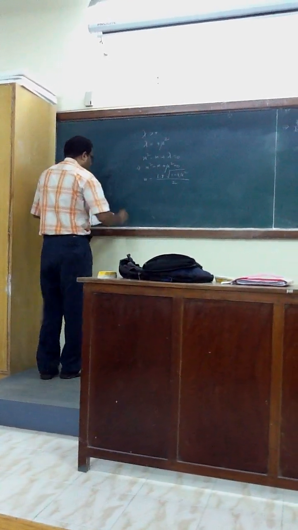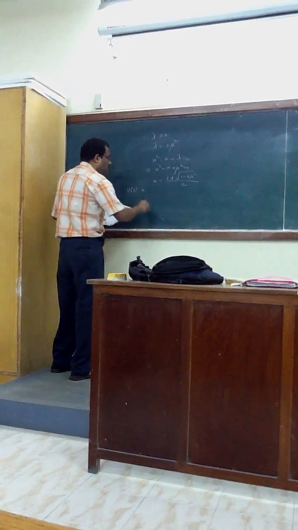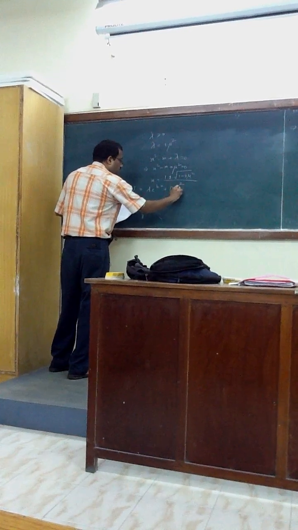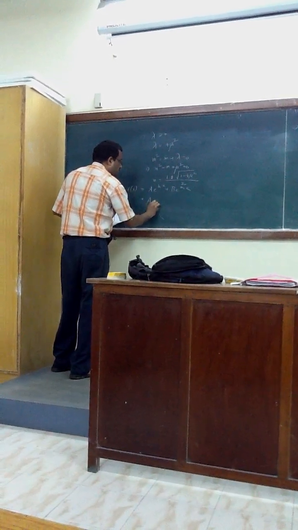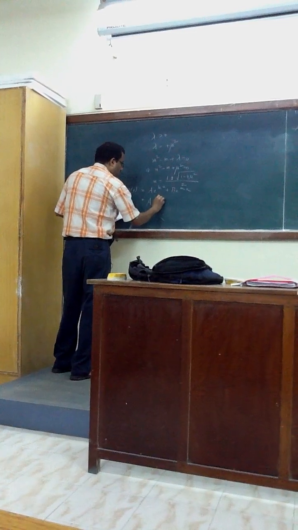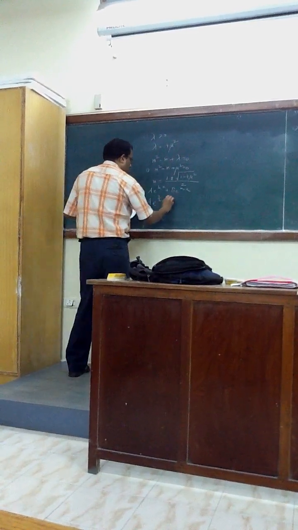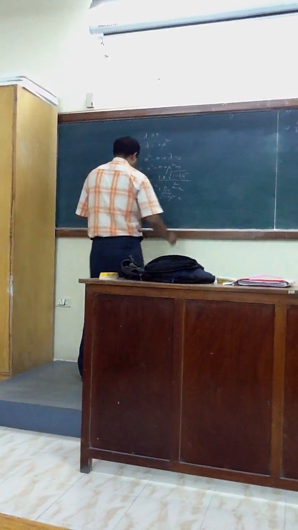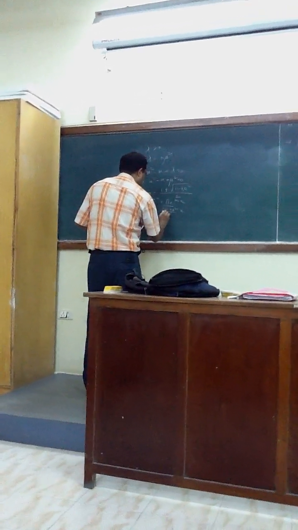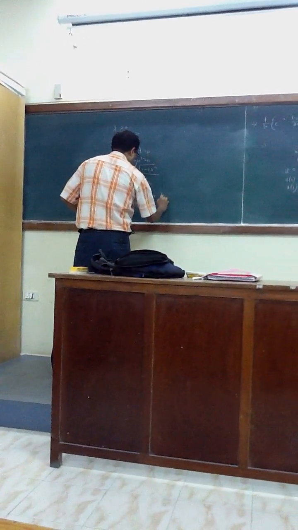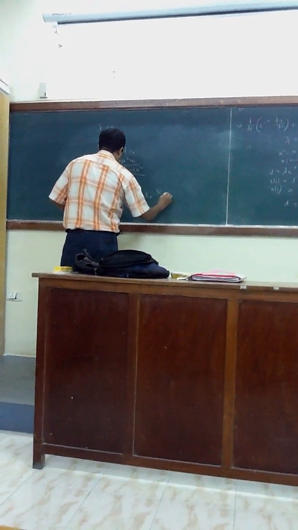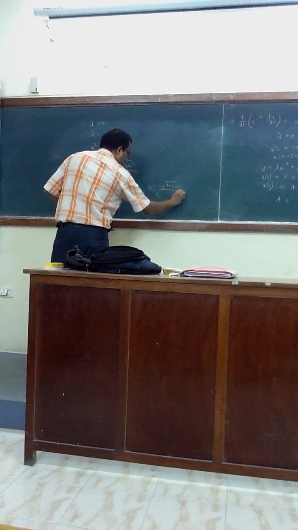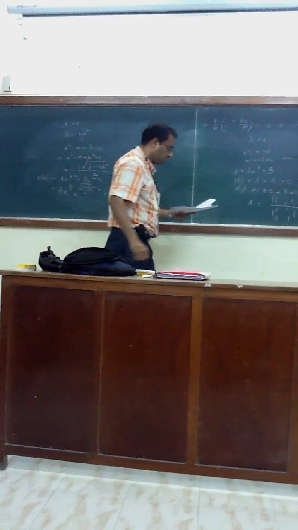So what is my solution then? My m1 and m2 are there. A e to the power m1x plus b e to the power m2x. So you can write this as a e to the power x by 2 into e to the power square root of 1 minus 4 mu square by 2 into x, plus b e to the power x by 2 into e to the power minus square root of 1 minus 4 mu square by 2 into x. Am I correct?